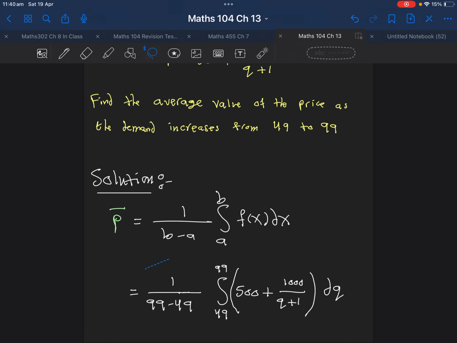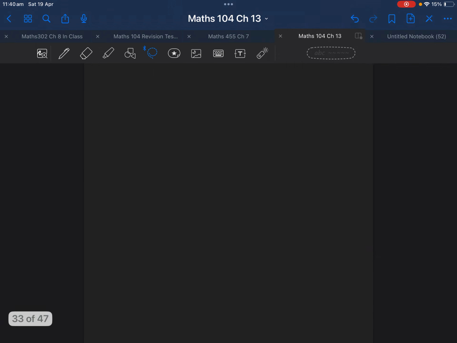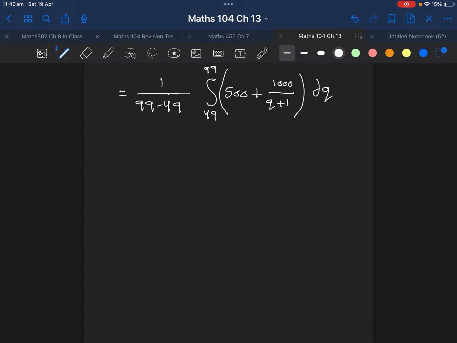So just let me copy paste this integral here to the next page and we continue. So it will be equal to, this one will be just 1 over 50, and this integral is from 49 to 99.